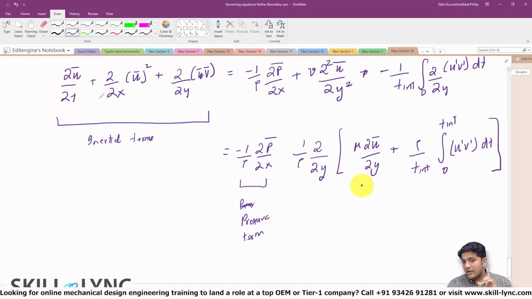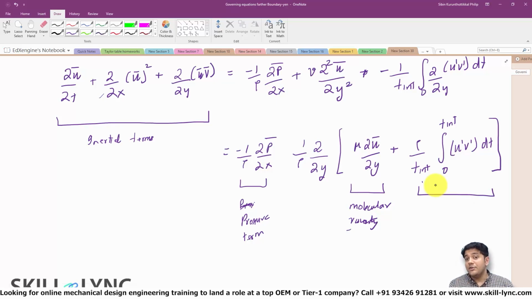All that is left is the diffusion terms, especially diffusion of momentum. We are basically saying that your momentum can be diffused in two ways. One is through your molecular viscosity, right? And the other term, this time integral term, represents diffusion of momentum because of turbulent motion.